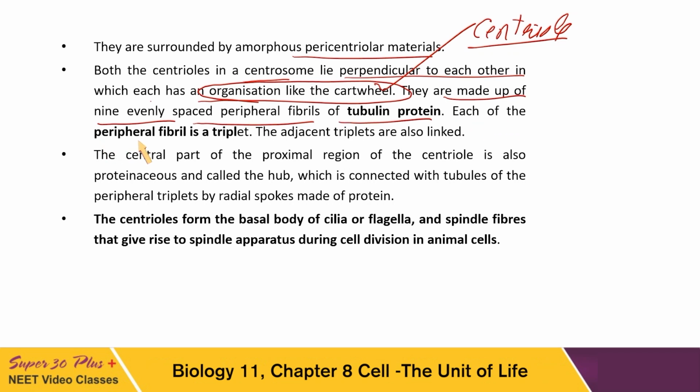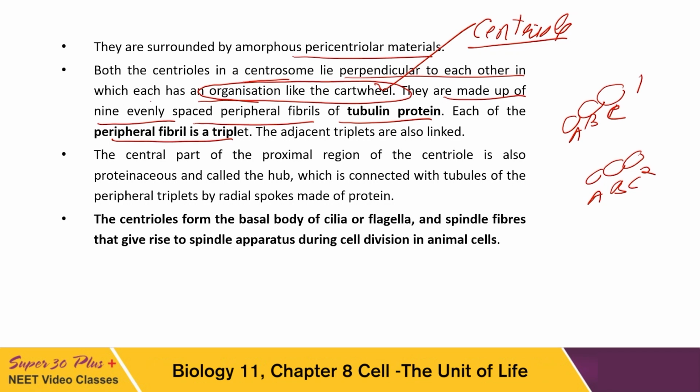Each peripheral fibril is a triplet. This is one peripheral fibril, and this is the other peripheral fibril, having 3 units: A, B, and C. A is connected to C like this.